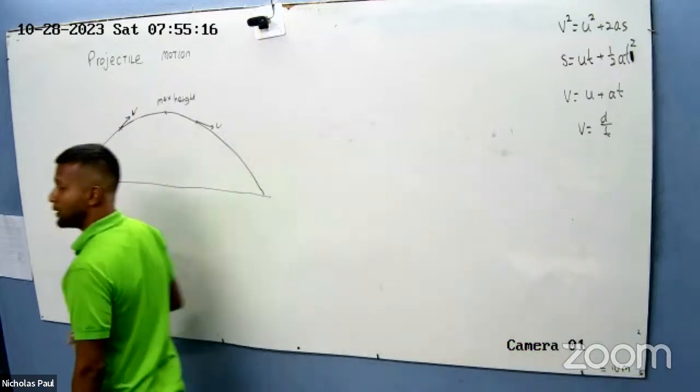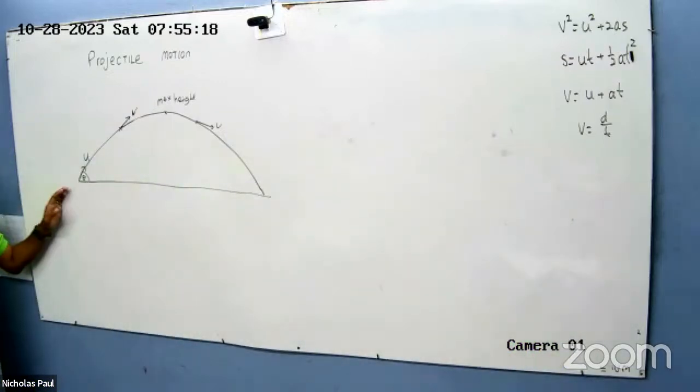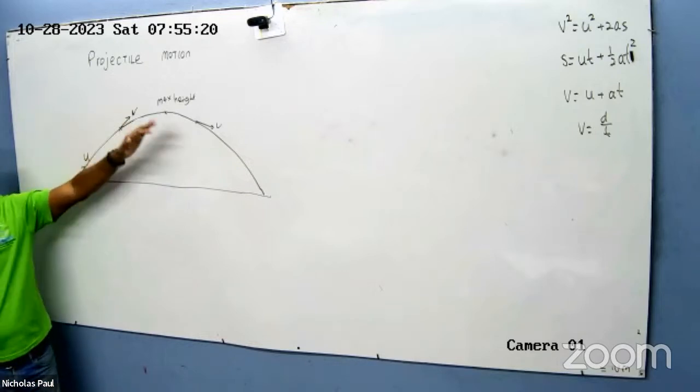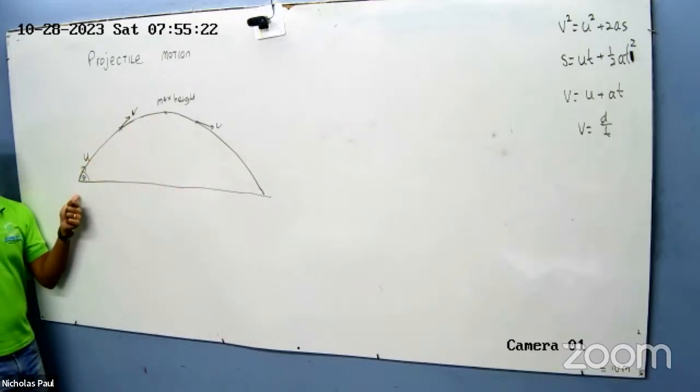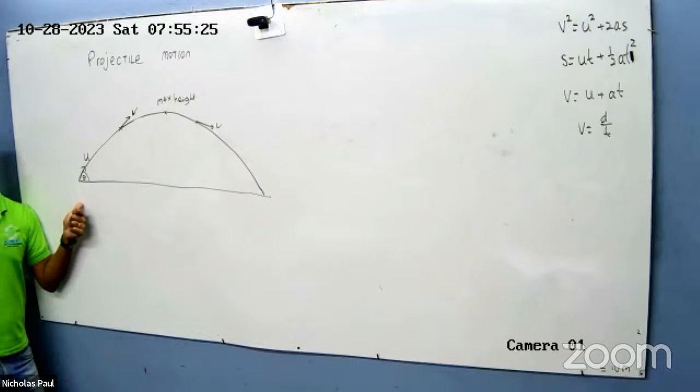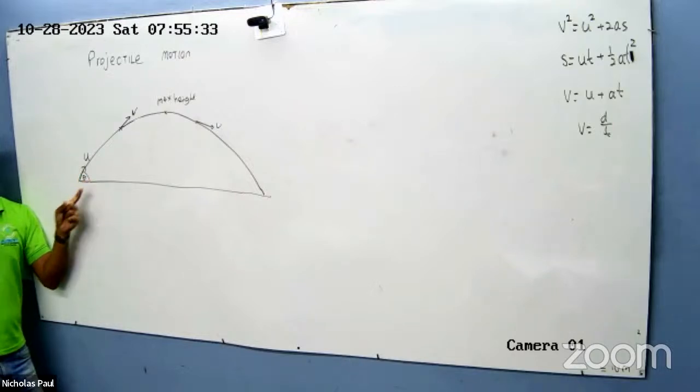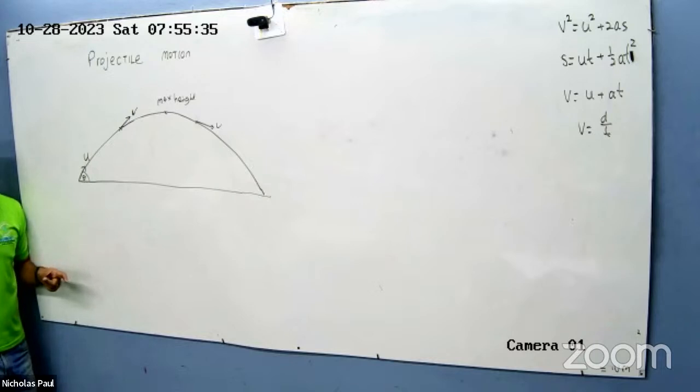So as I said, the velocity keeps changing, right? And as far as we remember, once we have a component at an angle to the horizontal, it has two components, right?